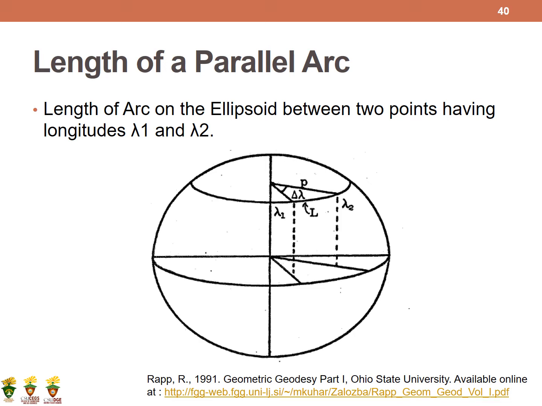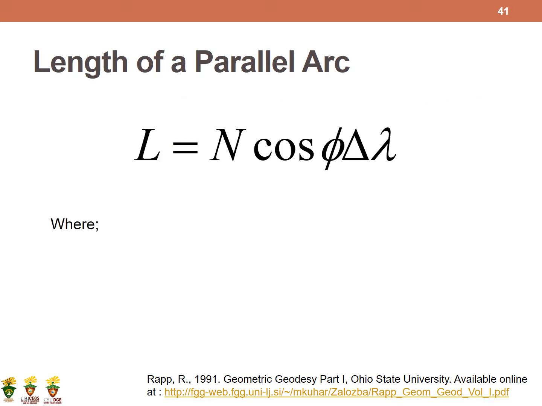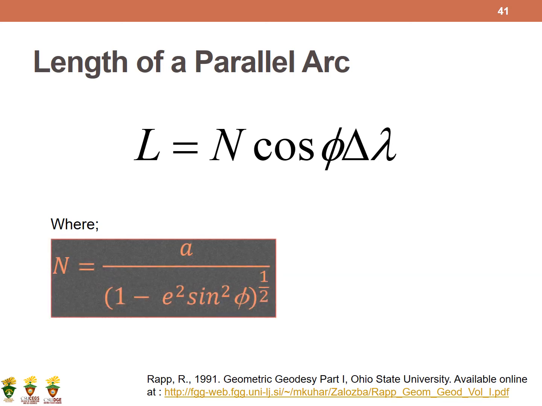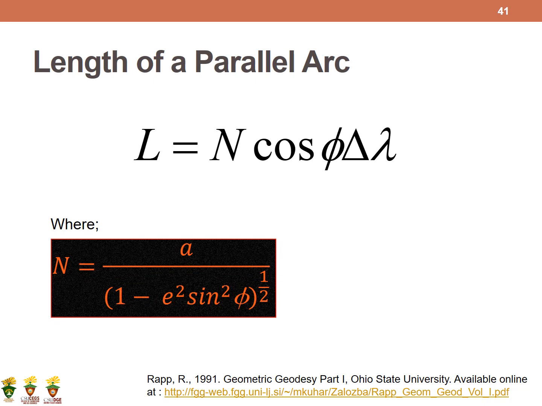That is denoted as big letter L. And the formula for the length of the parallel arc is just equal to the prime vertical radius times cosine theta times the change in longitude, where N is again a over 1 minus e squared sine squared theta raised to the power of 1/2.